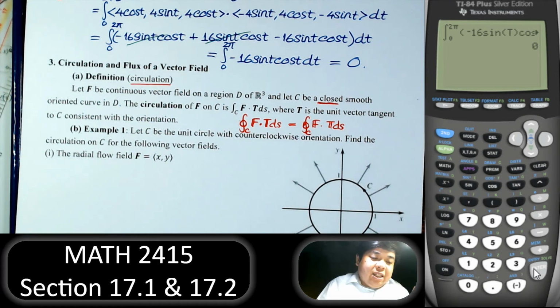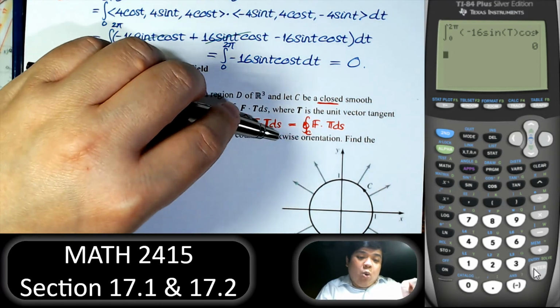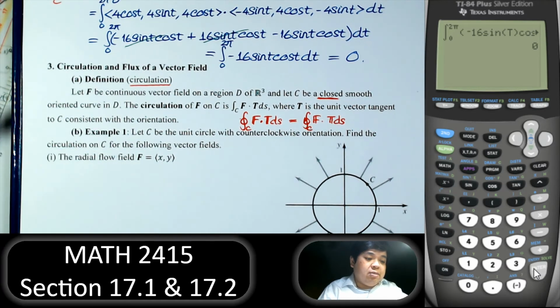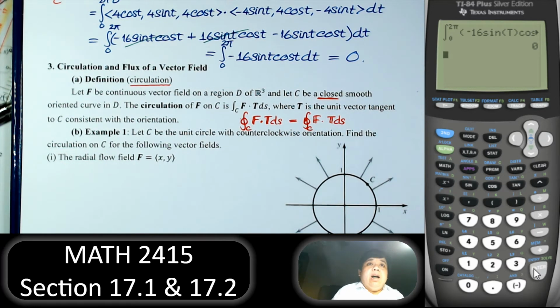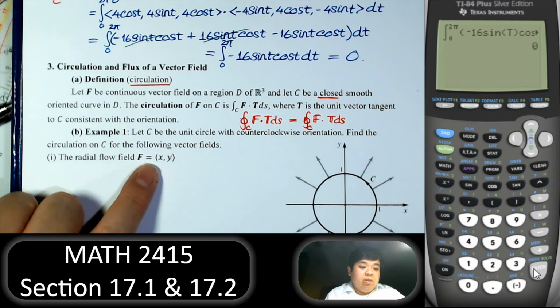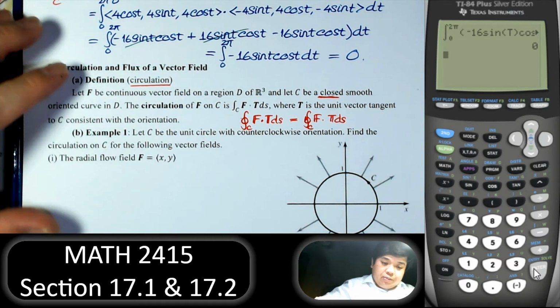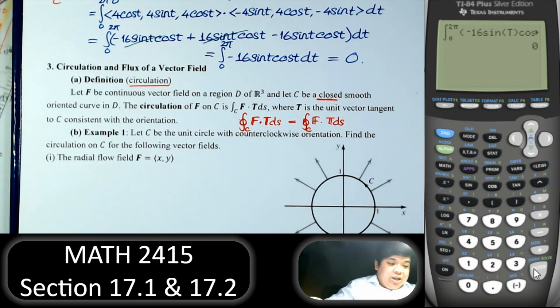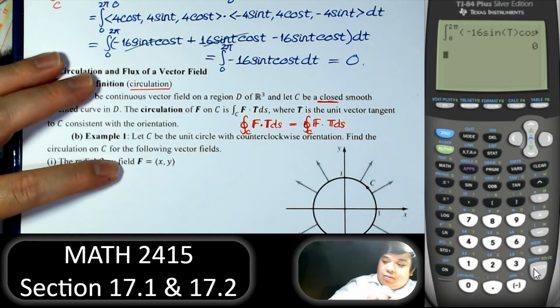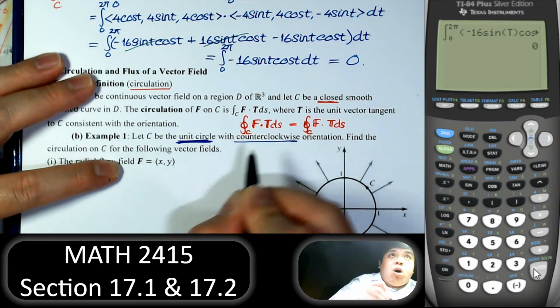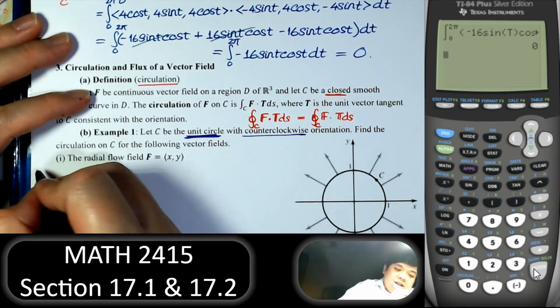Let C be the unit circle with the counterclockwise orientation, and find the circulation of the field. A unit circle is a closed curve, and this time we have the field given by that. So let's just calculate. For the unit circle going counterclockwise, this is pretty standard.